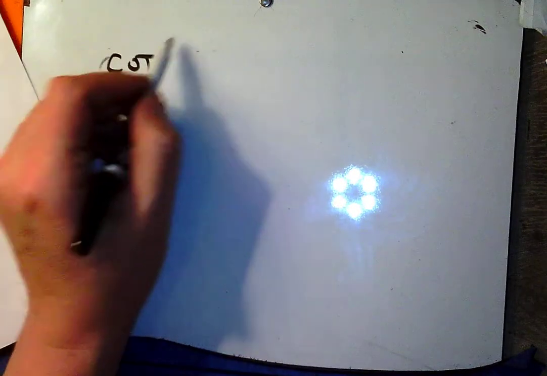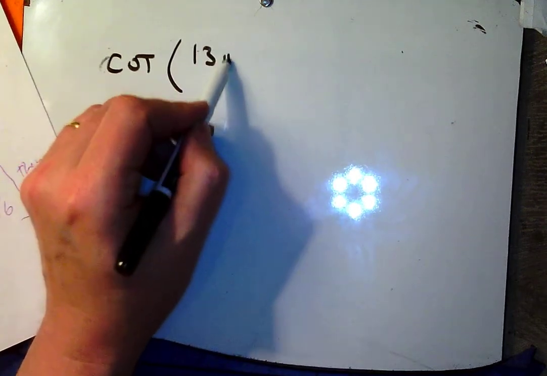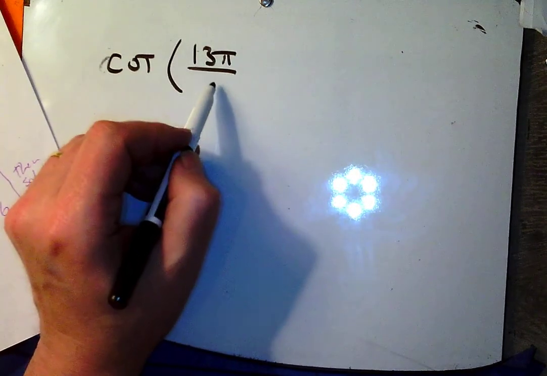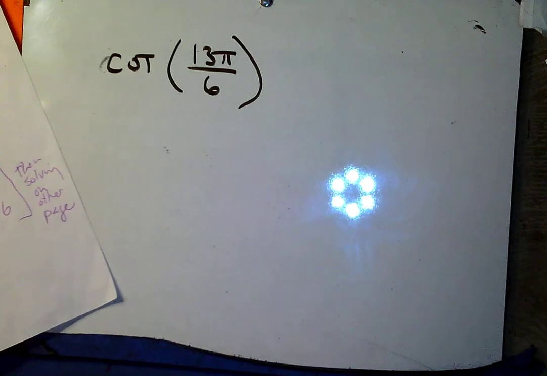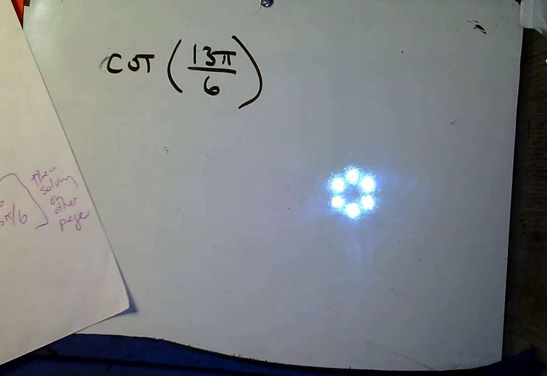So, how about just one more of those? How about cotangent of 13 pi over 6? Cotangent of 13 pi over 6. 5, 4, 3, 2, 1.